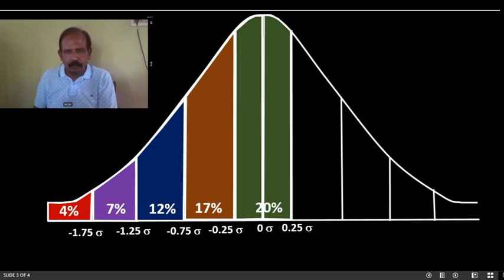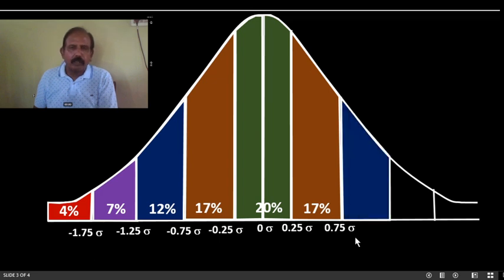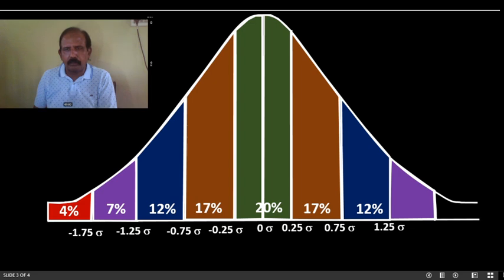After these 60% of the lowest observations, 17% of the observations are found between 0.25 sigma to 0.75 sigma. And after these 77% lowest observations, 12% of the observations are found between 0.75 sigma to 1.25 sigma.